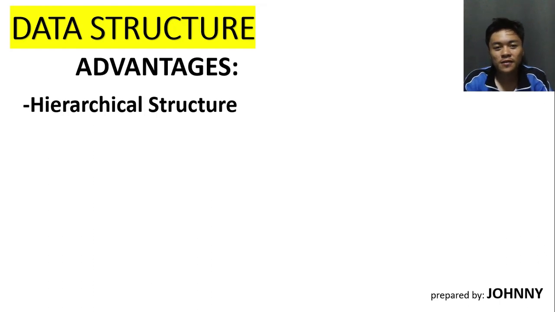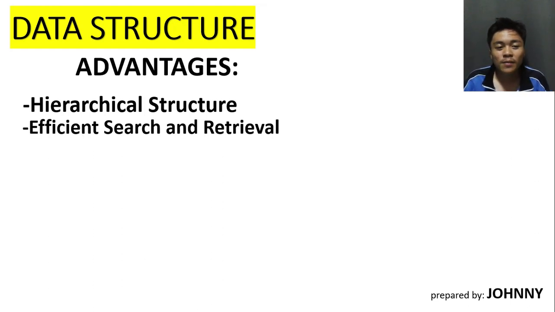Efficient search and retrieval. This one is the binary trees. The binary search trees in particular provide efficient search and retrieval operations. The logarithmic time complexity of these operations makes them ideal for scenarios where quick data access is crucial.